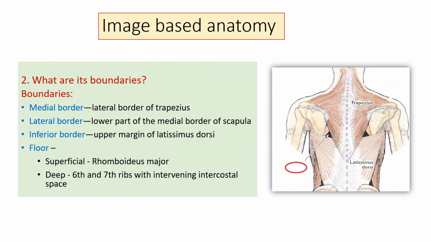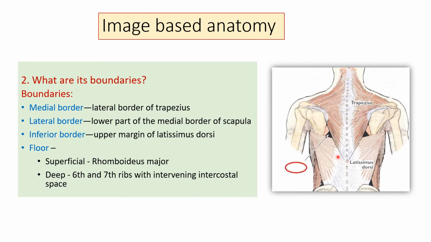Now, what are the boundaries of this area, that is triangle of auscultation? If you look at the picture, you are seeing the trapezius muscle. So the medial border for this area is the lateral border of trapezius.